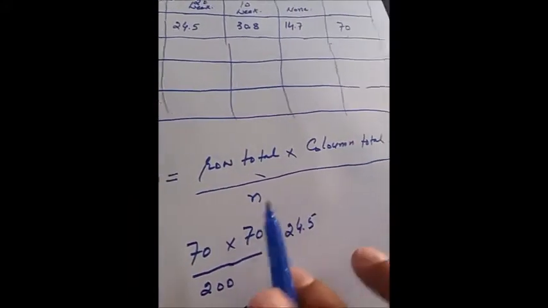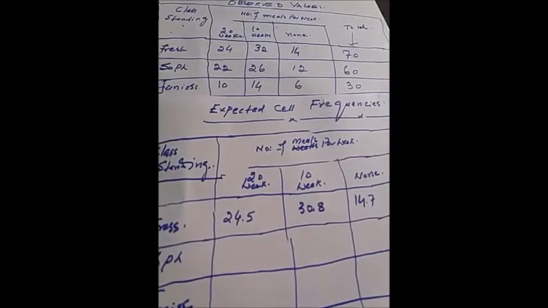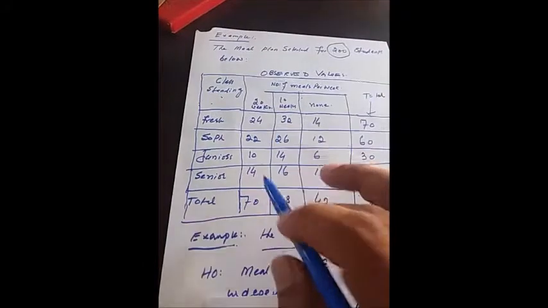row total multiply column total divided by n. So the row total for the SOF, 22, 26, 12, is 60. So 60 multiply the column total. The column total is 70.